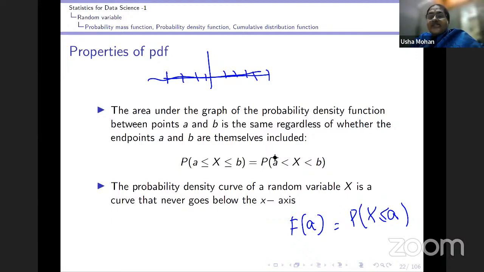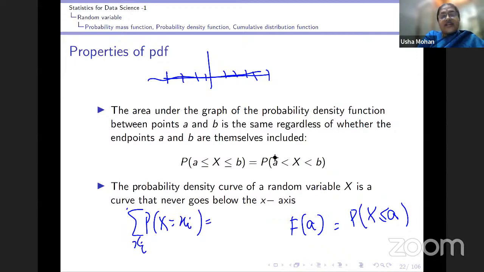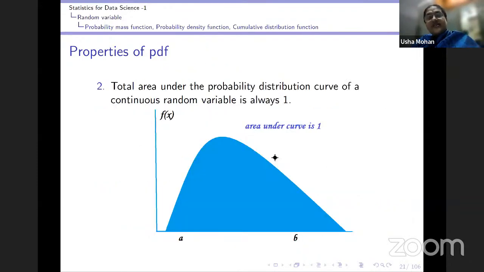In a probability mass function, you have the summation of probability x equal to xi over all values xi takes equal to 1. This is the same as, over whatever interval you have defined your probability density, the integral of f of x equal to 1. That is what it means. The area under the curve should always be equal to 1.